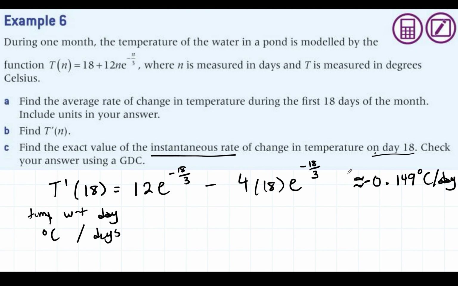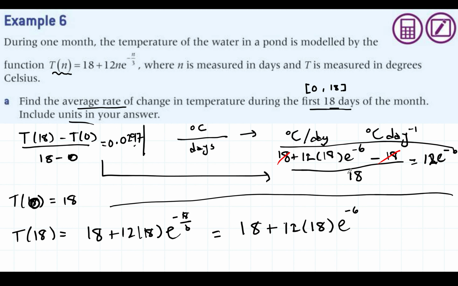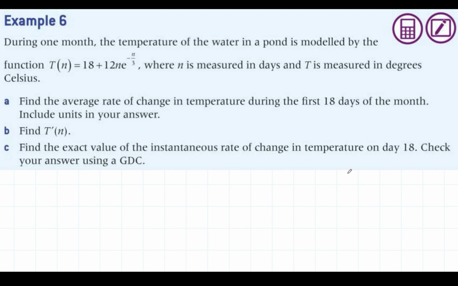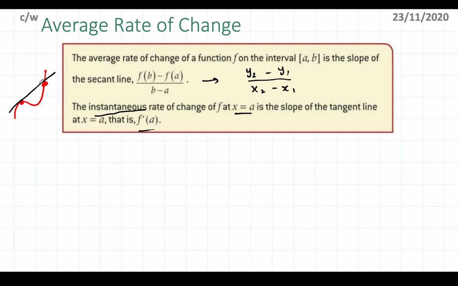So notice how, compare your answers from part A and C, and you're going to see that the rate of change is different. That's because the rate of change at 18, going back to here, this was the average. The average was 0.02 something. That was the average, but at precisely here, it was negative.